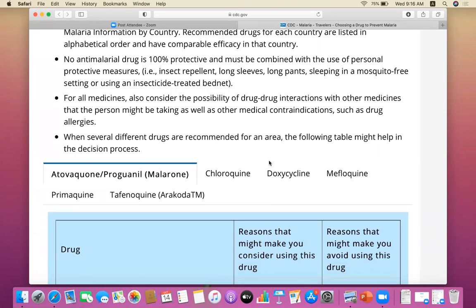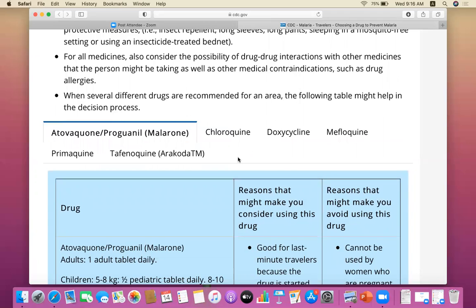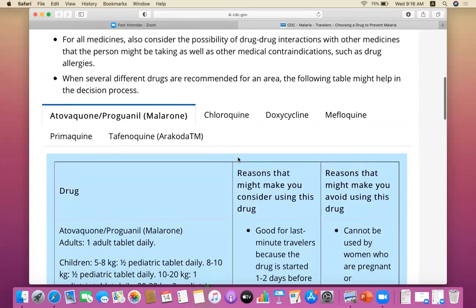When several different drugs are recommended for an area, the following table might be helpful for the decision. So as I mentioned, there are 6 drugs we can use for the prevention of malaria if anyone wishes to travel to a country where the prevalence of malaria is higher. To prevent malaria, the person can take these drugs.